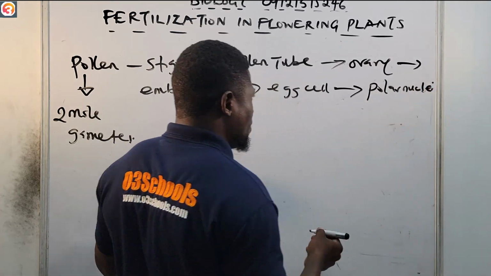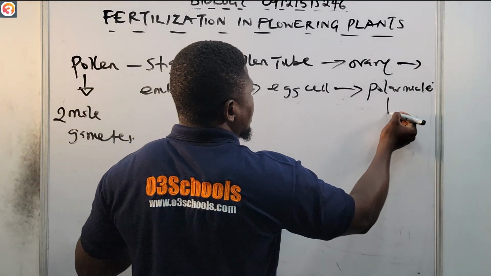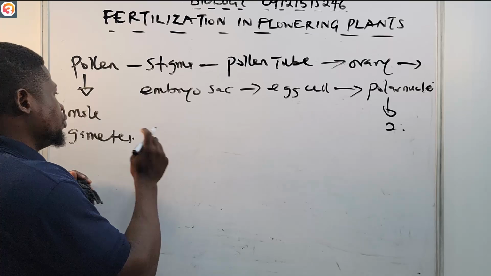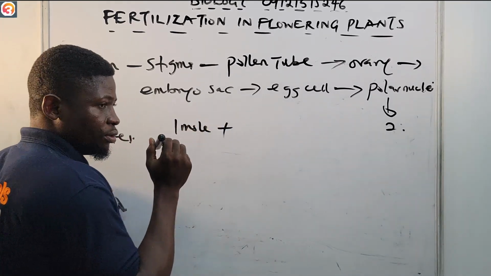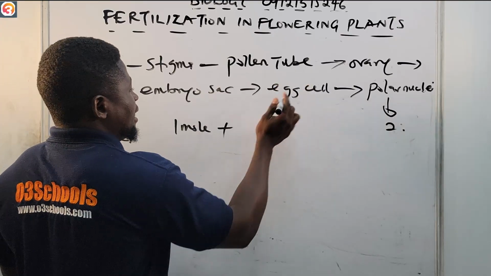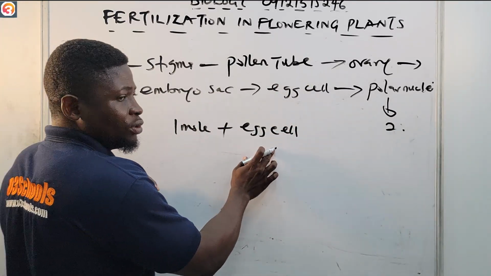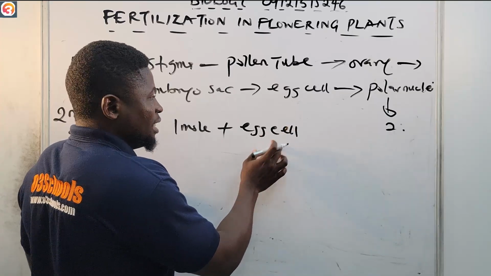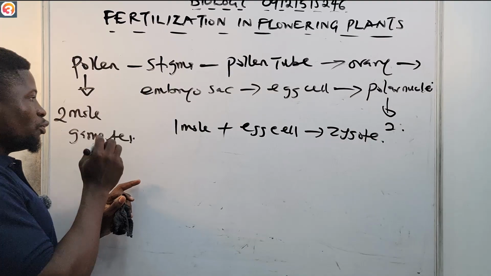Then fusion begins. One male gamete will fuse with the egg cell, which is the female gamete, to form the zygote.